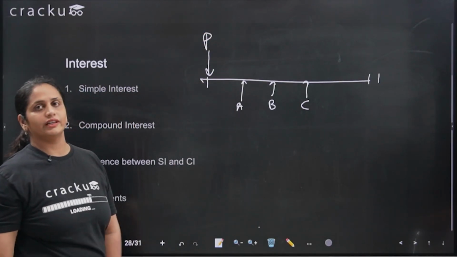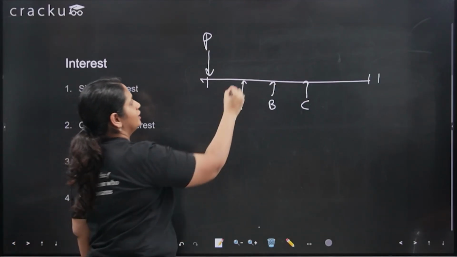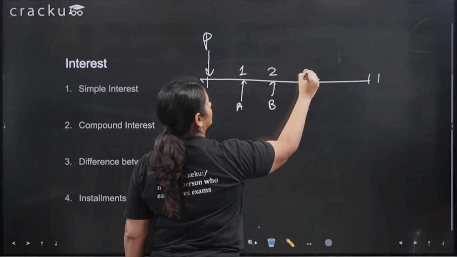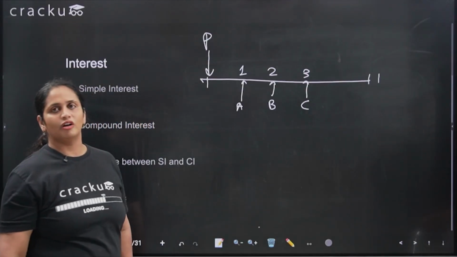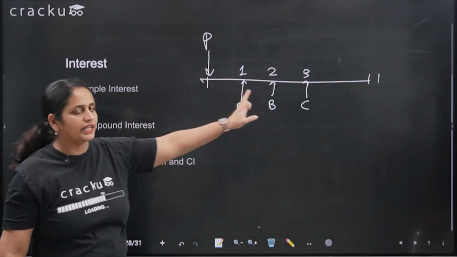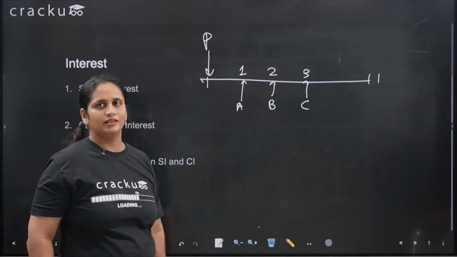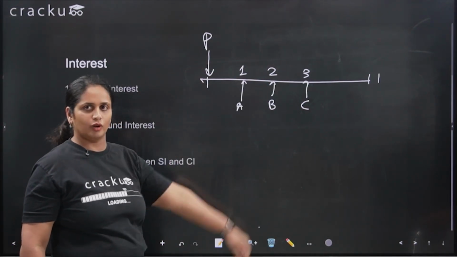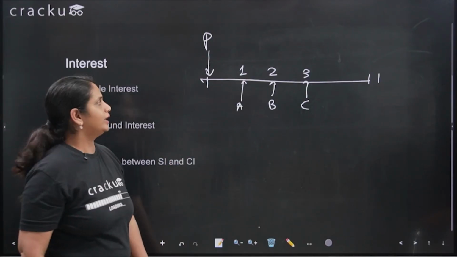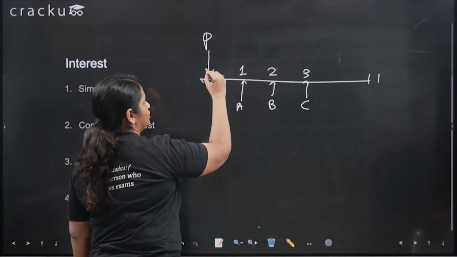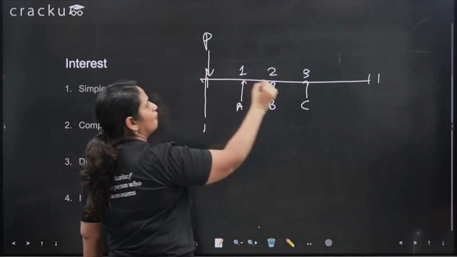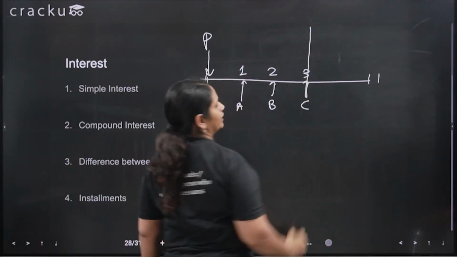What is the equation I can form for this? This is year 1, year 2, year 3. I want to compare values of 3 different time periods. I can't say P is A plus B plus C. Why? Because there is a time period involved. So either I consider the value of all of these today, or I consider the value of all of these at year 3.